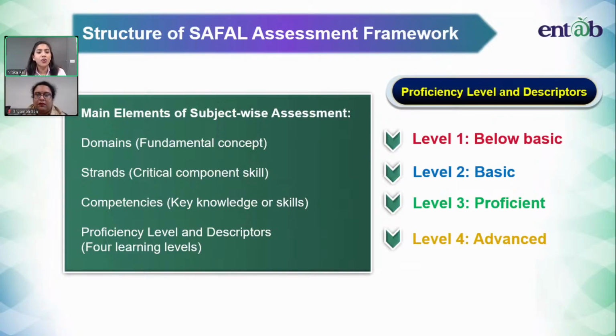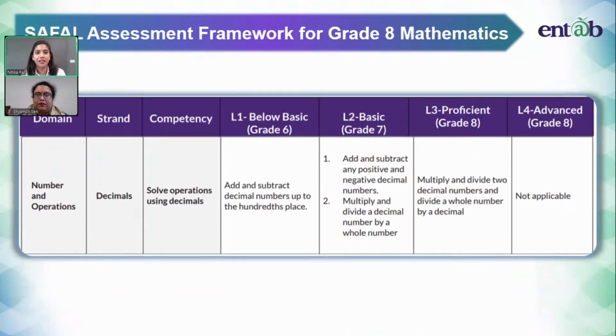Now, let's look at one example of the SAFAL assessment framework of grade 8 mathematics. On your screens, you can see a table in which the critical strand shown under the domain number and operations is decimals, which assess the critical competency that solve operations using decimals.